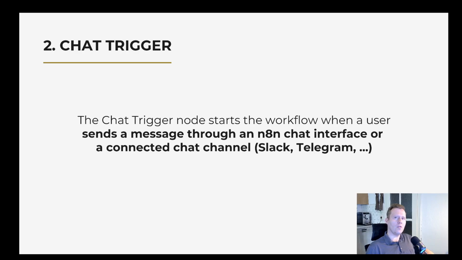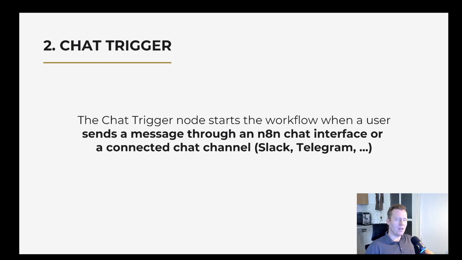Until now, we only have used the manual trigger to start a workflow, which means that we click a button and then the workflow starts. And now it is time to have a look at the second type of trigger that is called the chat trigger. And this trigger also starts the workflow, but it starts the workflow when a message is received at this chat trigger.